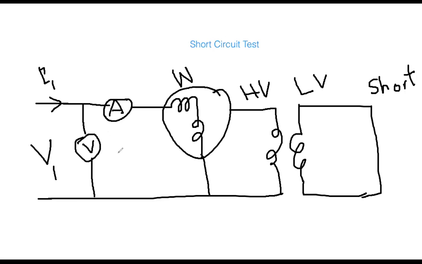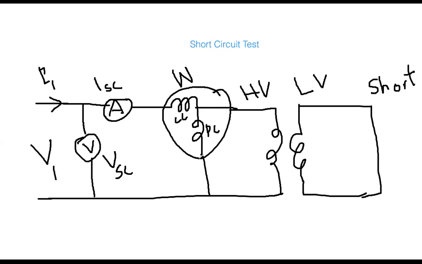Now you will be getting three readings. This voltage I am giving the name VSC, V subscript SC. SC refers to short circuit. I am giving this current the name ISC, and this is the wattmeter. You know, the wattmeter has this CC, the current coil, and this coil is called the PC, the potential coil.